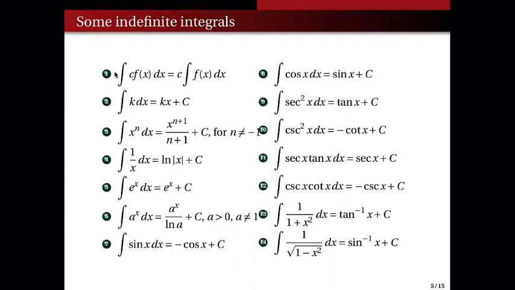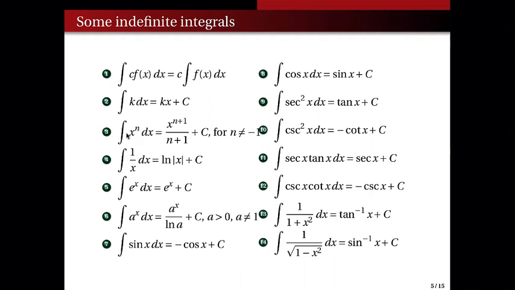This c can go out of the integral sign so that you just have c times the integral of f of x dx. If you have a constant k and you integrate it with respect to x, you'll just have kx plus capital C.